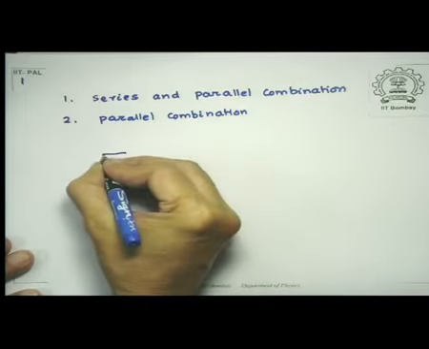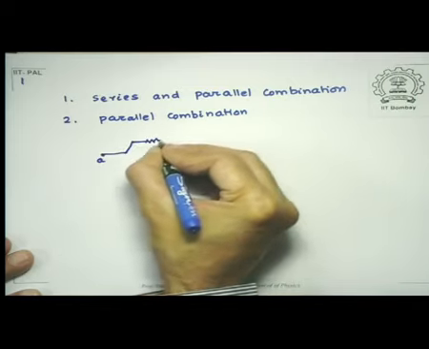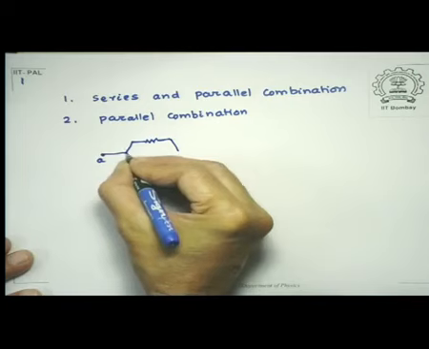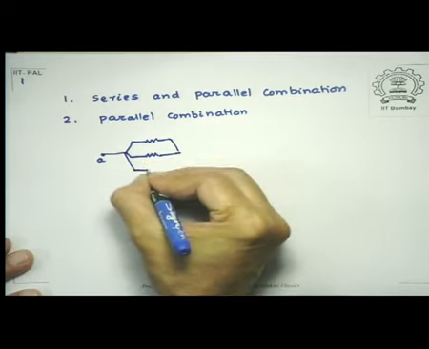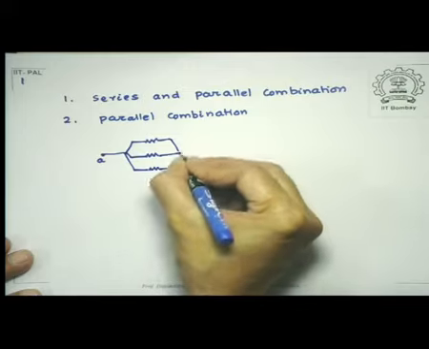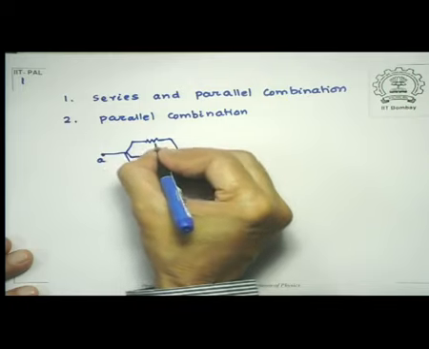Supposing this is a point A, so I have one resistance here, another resistance here. I could have any number of them actually. Third resistance here. So let's just call them R1, R2, R3.